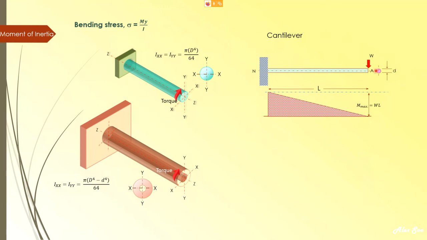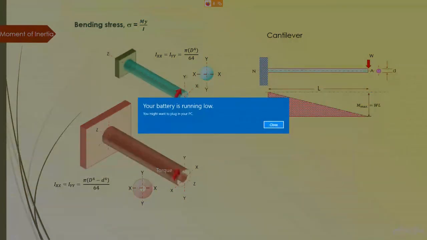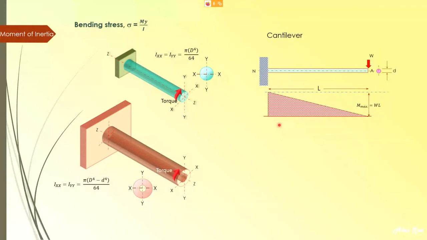This is the cross section of the shaft, which is a solid shaft, a solid cantilever shaft.